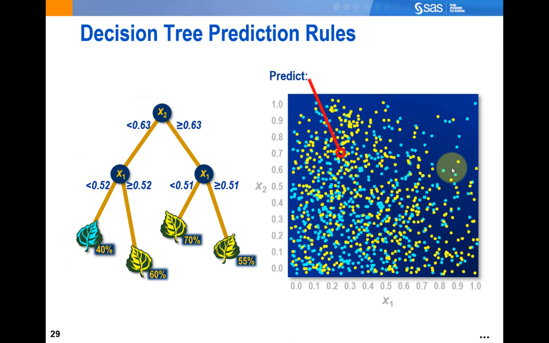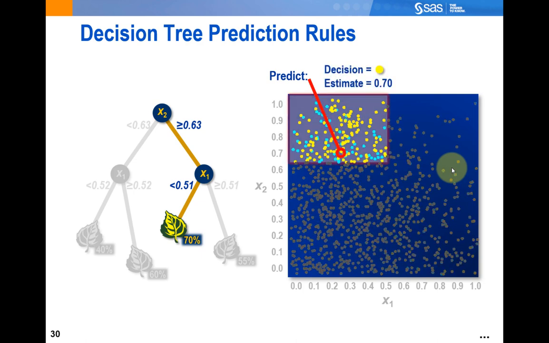If we focus on this point, the point has X2 as 0.7 and X1 as 0.3. By the first split, it will be included in this branch. By the second split, it will be included into this branch. So it will be something like that, right? And then based on the points in that region and based on the outcomes, 70% of the points are green, right?